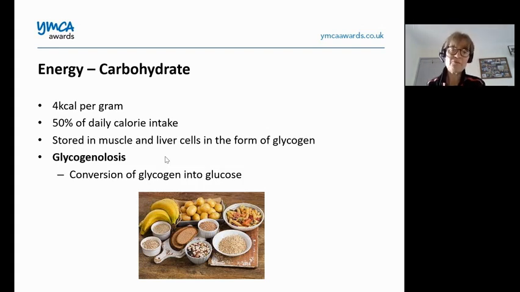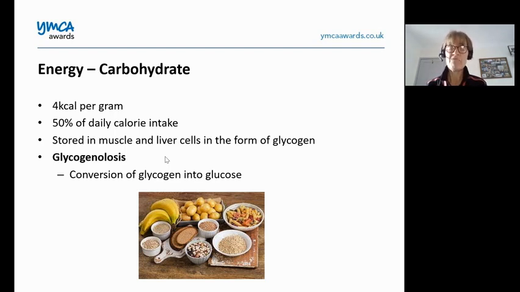So let's have a quick recap of these fuels that we were talking about. First and foremost, carbohydrate. That's the fuel that will always be used first. So if you've done nutrition, you'll remember that it provides 4 kilocalories per gram. About 50% of our daily calorie intake should come from carbohydrates. It's stored in the form of glycogen.